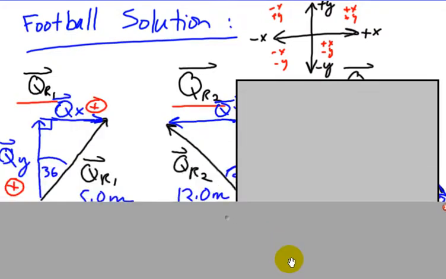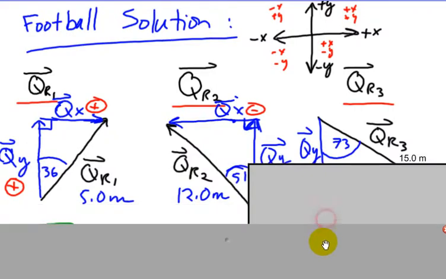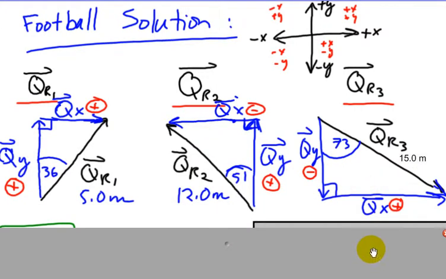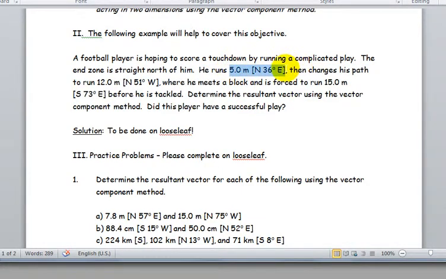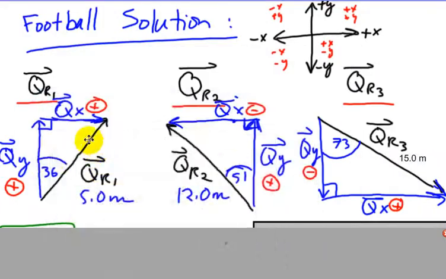If we take a look at all of our movements, these are just sketches of those vectors in the question. So for example, 5 meters, north 36 east, north east by 36, 5 meters. And then here are our other 2 remaining vectors.